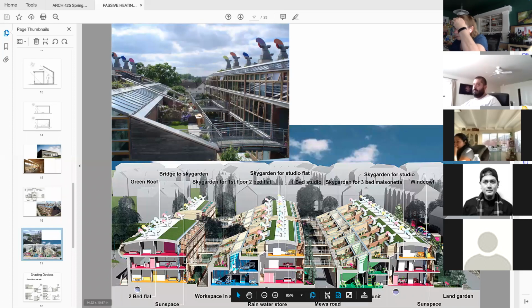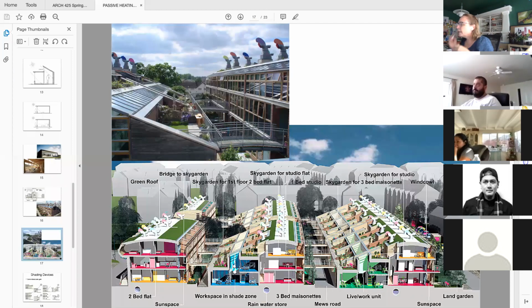I also like their incorporation of green roofs and terraces. And then they've got some cool sort of courtyard spaces. This is another picture here. So in this picture, I know I keep moving my mouse.